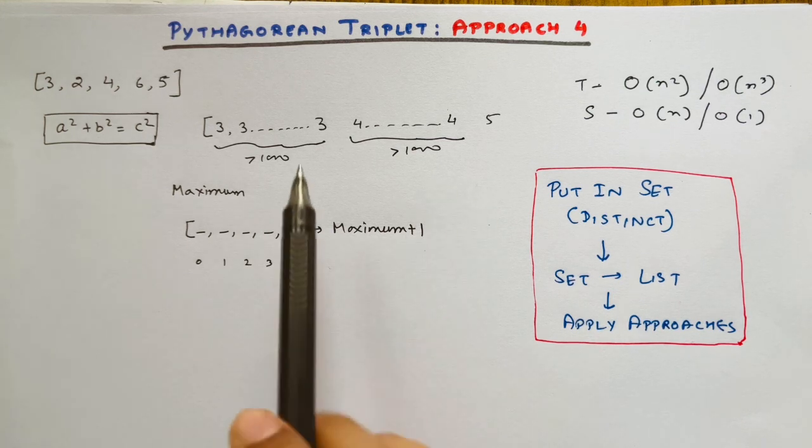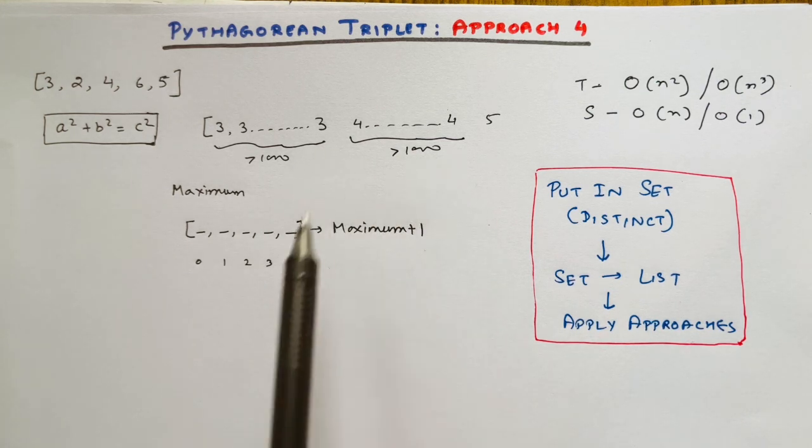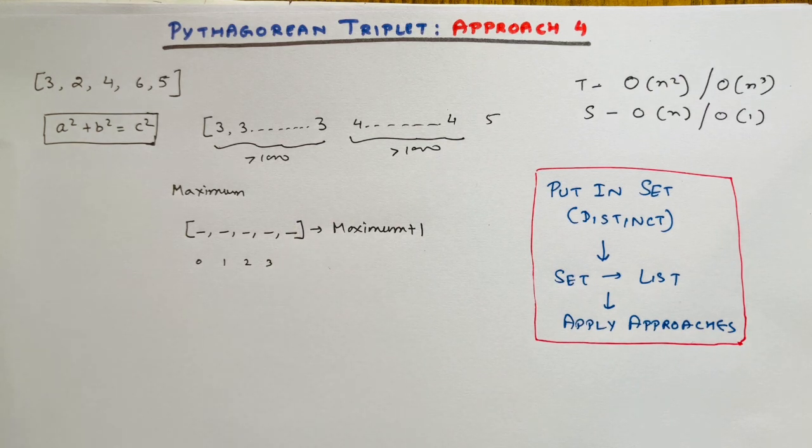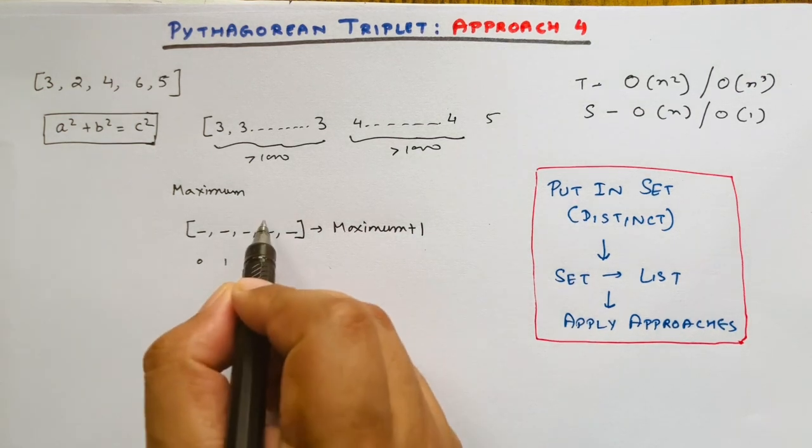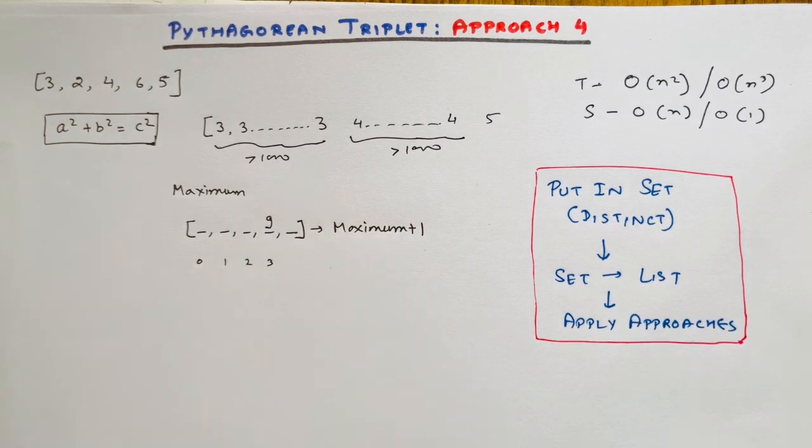Okay, so how will we mark the presence of these elements in this new array? Since we have to deal with squares, we can initialize this array with 0, and then as we see an element, let's say we saw element 3, then we go ahead to index 3 and we mark its value as 9, 3 square.